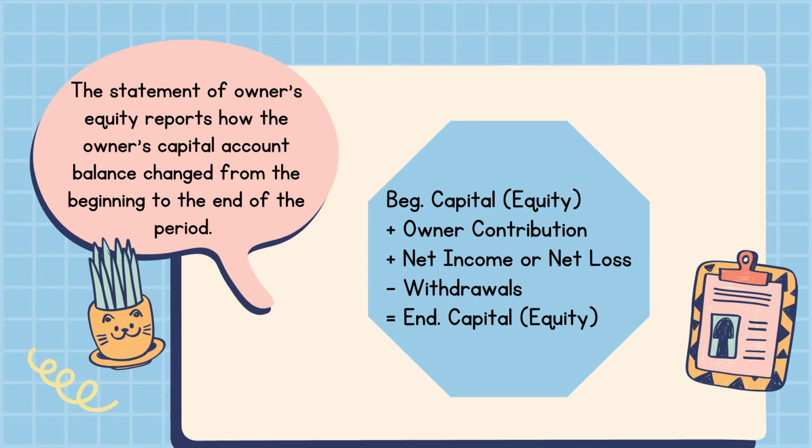Now, what's the difference between beginning capital and owner contribution? Beginning capital is the capital that you start with at the beginning of the period, which you already have from the previous period, while owner contribution is any investment or contribution made during this period, during this month, for example.